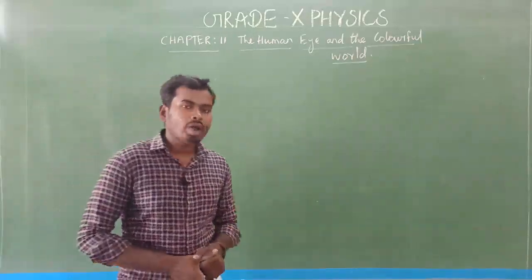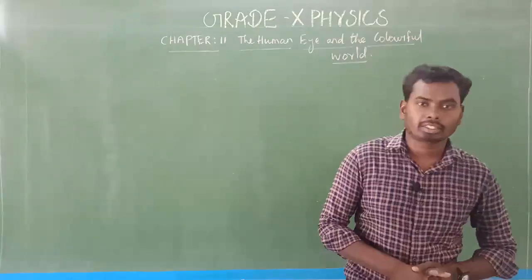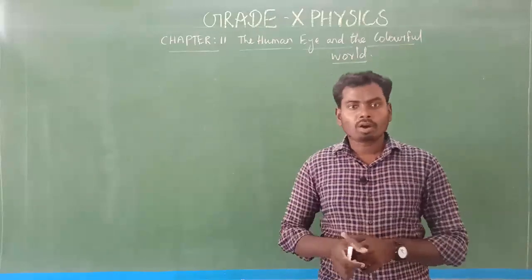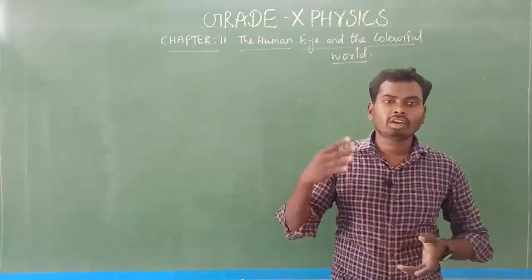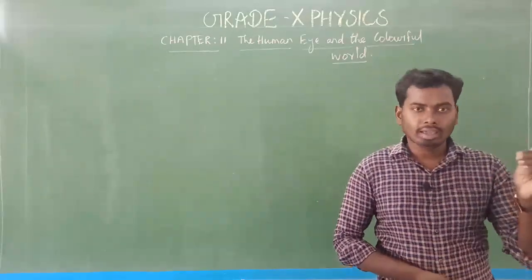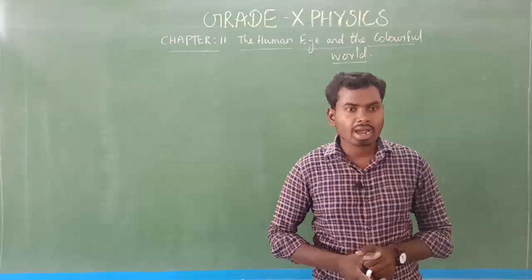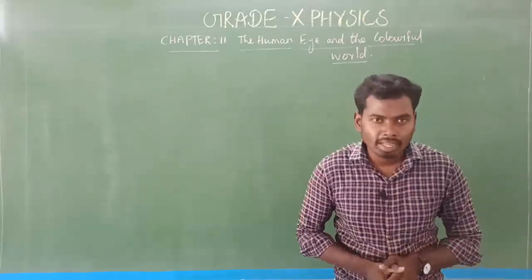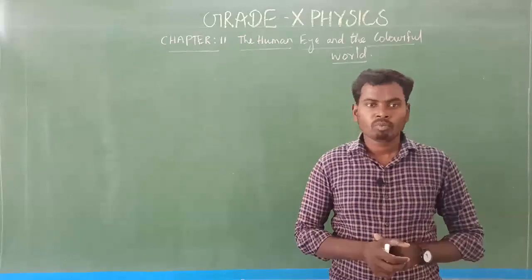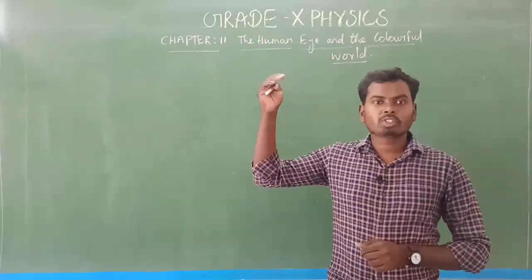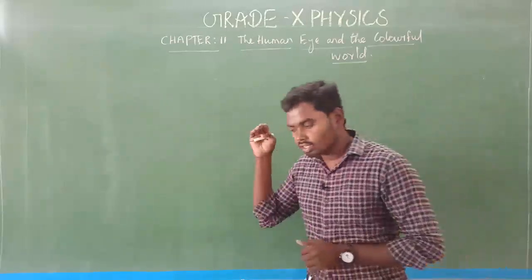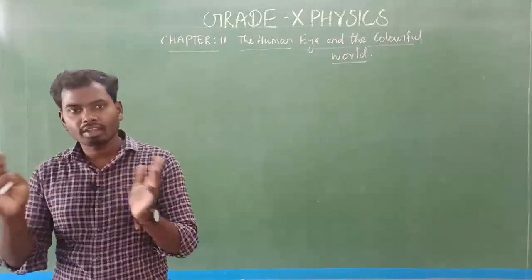Then after that, what we have seen: atmospheric refraction. See, Earth's atmosphere is made up of different gases having different densities. So some air layers act as an optically rarer medium, and a few air layers act as an optically denser medium. Am I right? Yes. So when light coming from space enters into the Earth's atmosphere, there will be refraction.